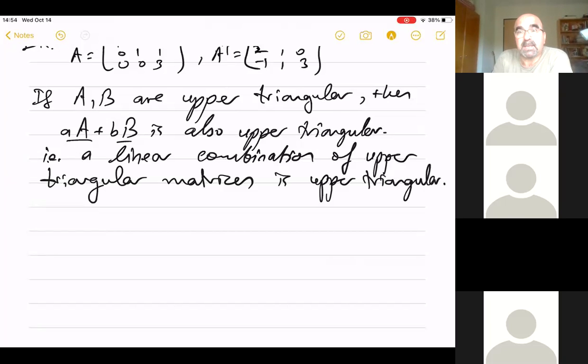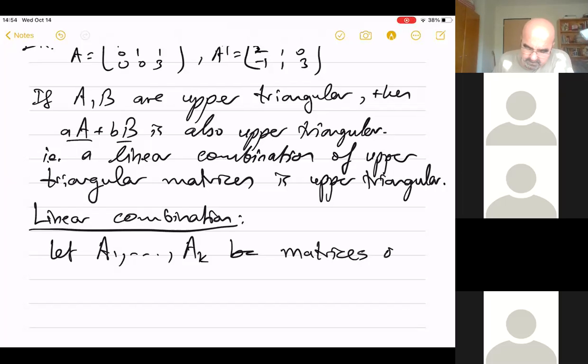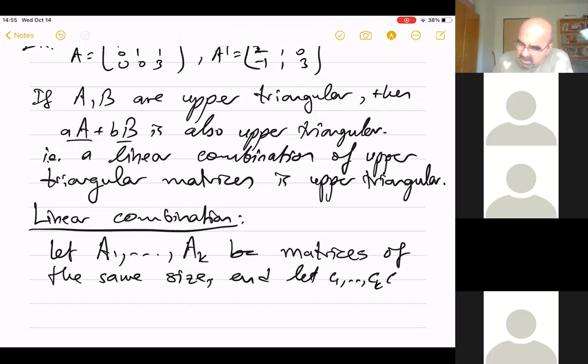Oh, by the way, what is a linear combination? I did not say that. Let A1, ..., AK be matrices of the same size, and let C1, ..., CK be elements from the field.